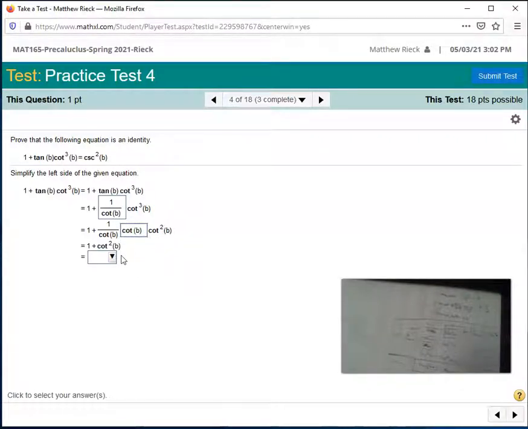So the cotangents will cancel out, and we have 1 plus the cotangent squared of b, which is equal to cosecant squared of b. So again, just follow the logic. It's not overly difficult there.